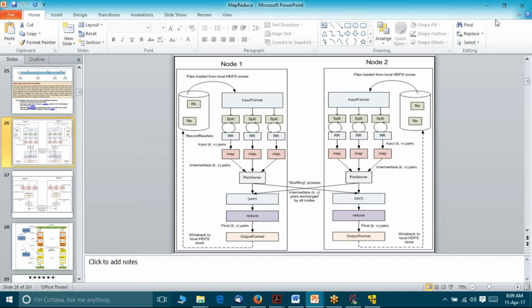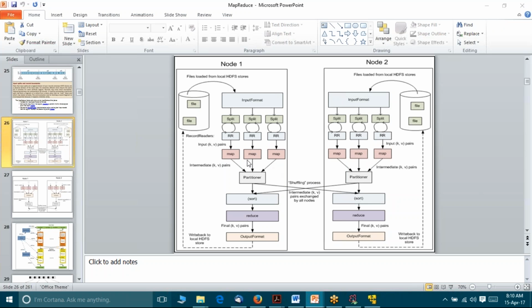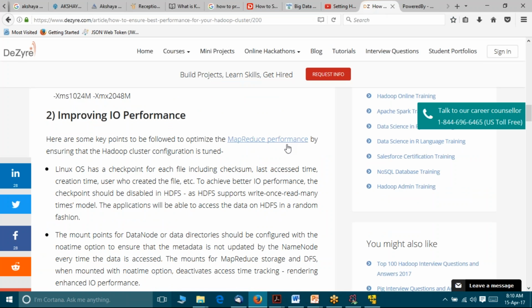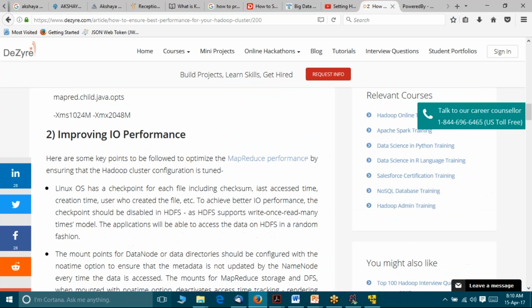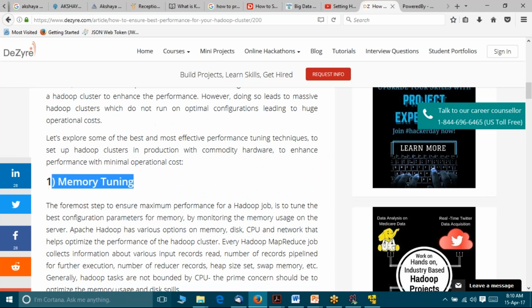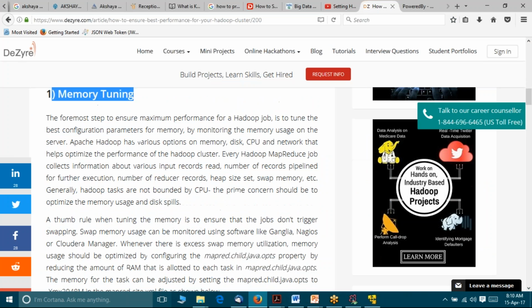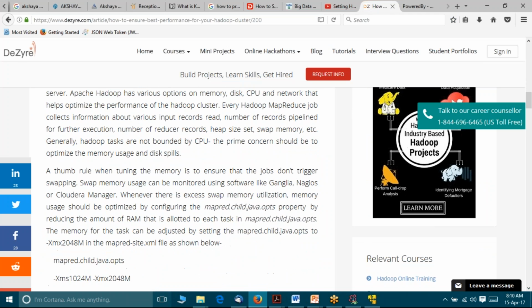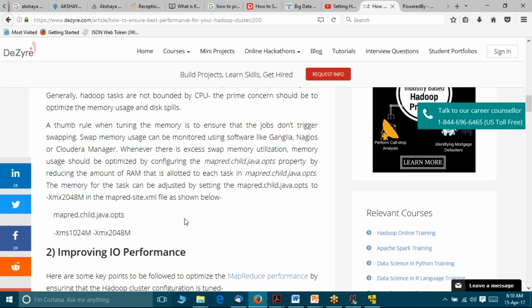So you need to make sure of these aspects, that is what I'm saying here. Look at this aspect, you'll be able to understand. See here, mapred.child.java.opts. I'll be showing that one, don't worry.